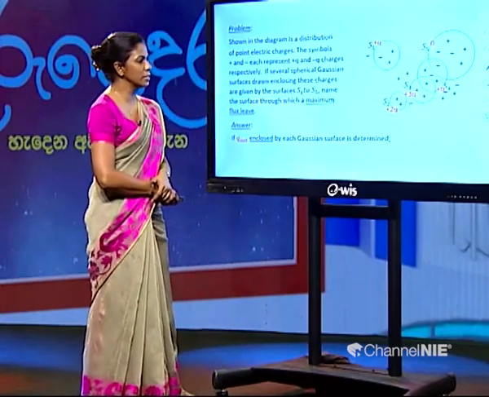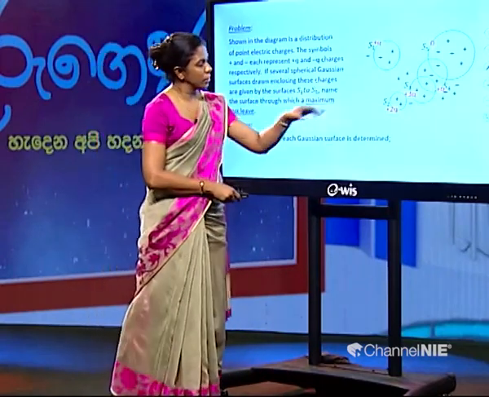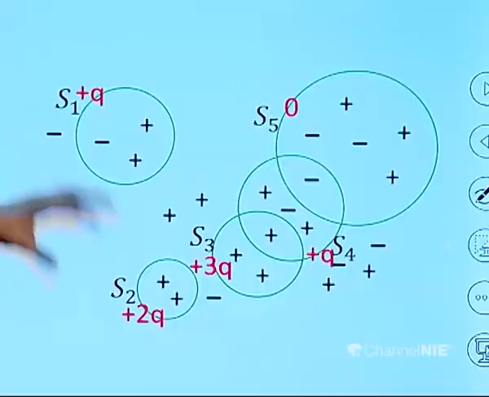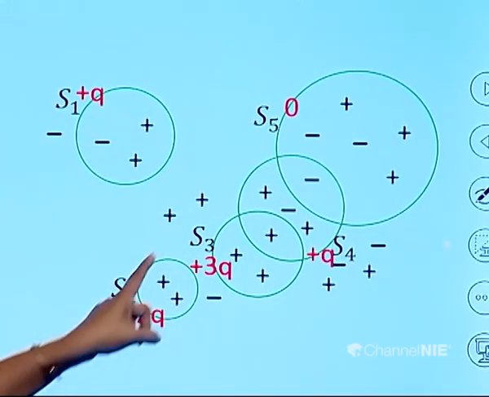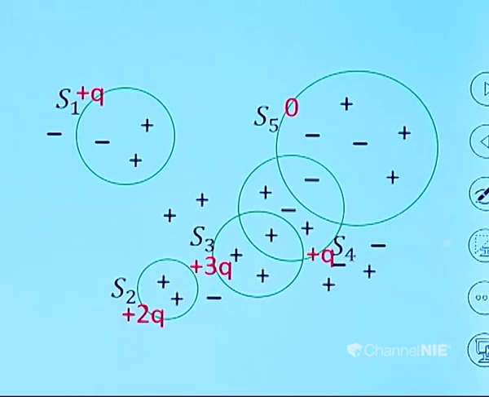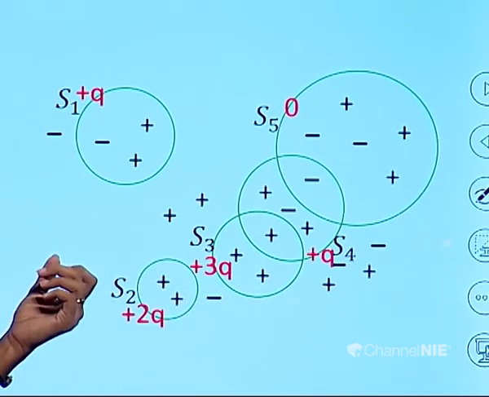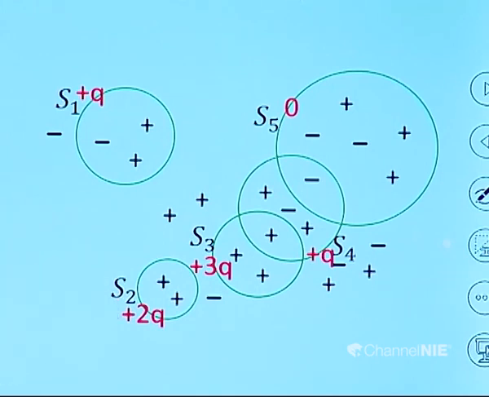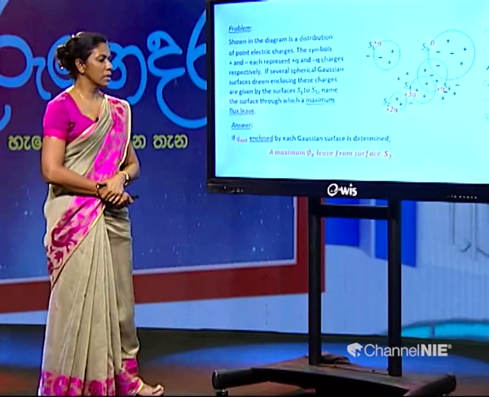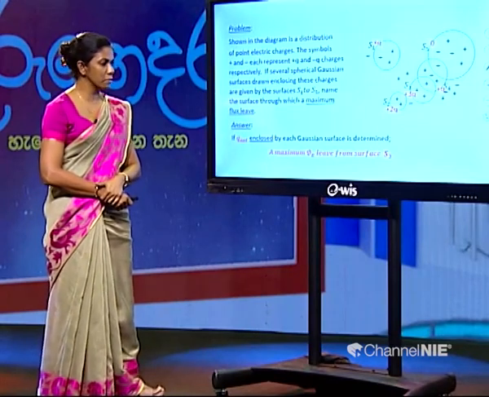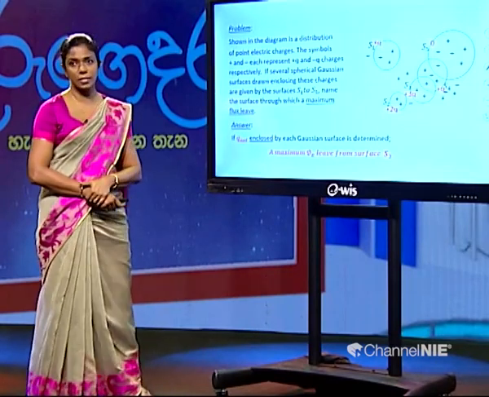So, we are given 5 surfaces. The S3 surface encloses the maximum positive charge. So, that represents the maximum flux leaving the surface. A maximum amount of flux leaves from the S3 surface.